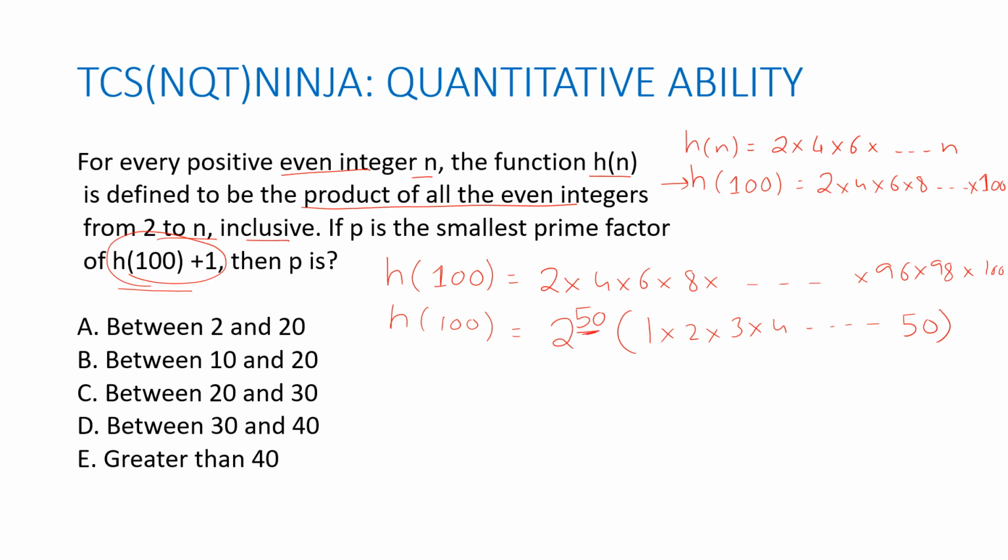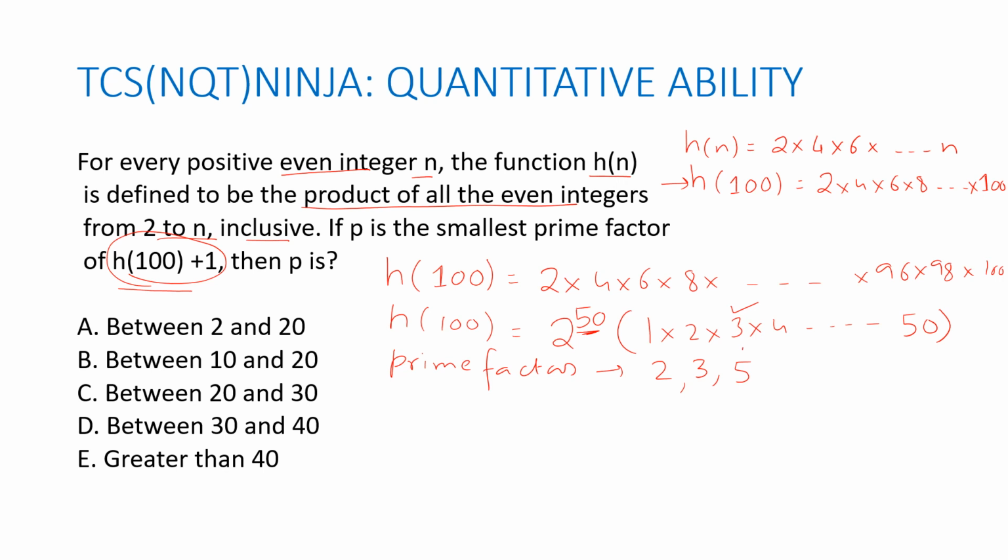Now, if I want to work with the prime factors for H100, you would agree with me, 2 is a prime factor of H100. What are prime factors? Prime numbers which are factors. If I ask you, is 3 a prime factor of H100? You would say yes, because it has a 3 in it. The next prime number would be 5. Does it have a 5?